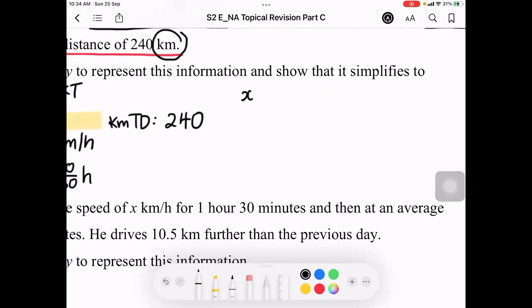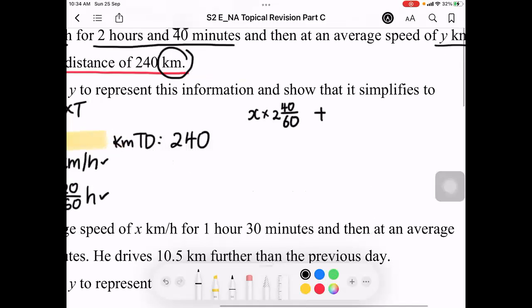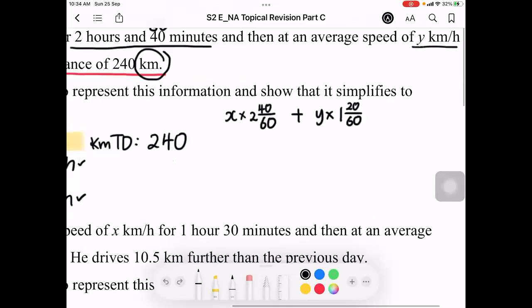So x multiplied by 240 over 60, plus the second distance, which is y multiplied by 120 over 60. The whole thing, they say total distance, equals 240. First step, like that already gets 1 mark.